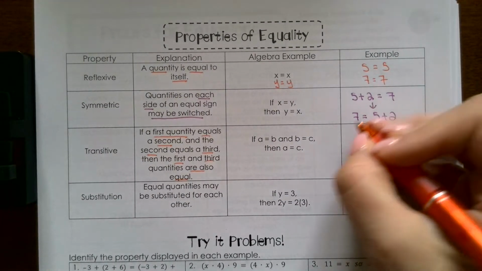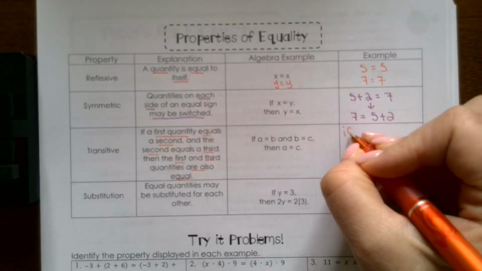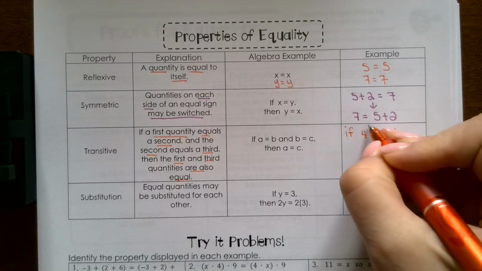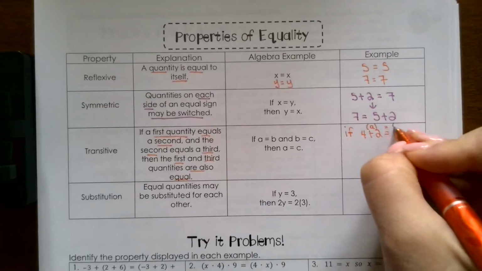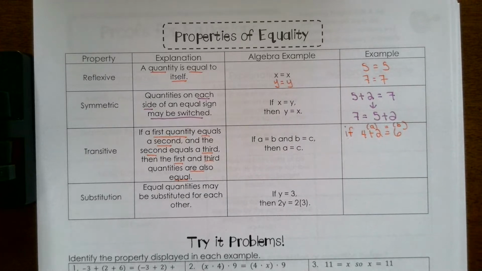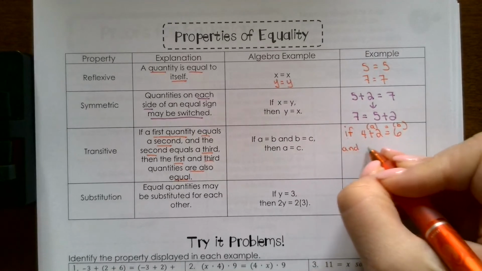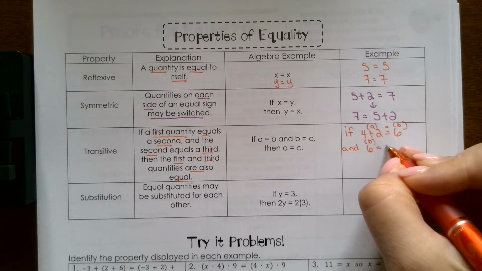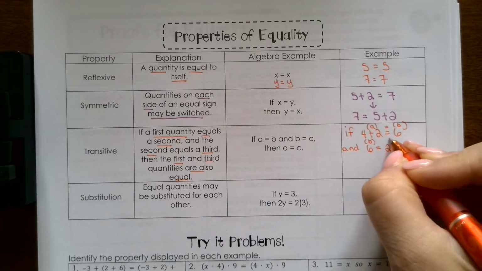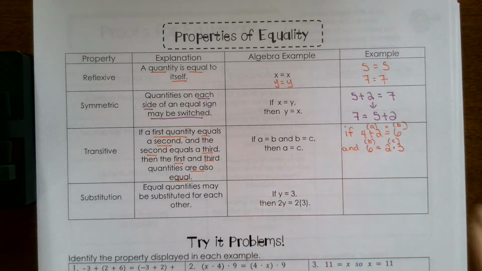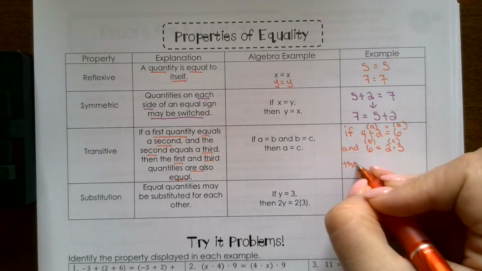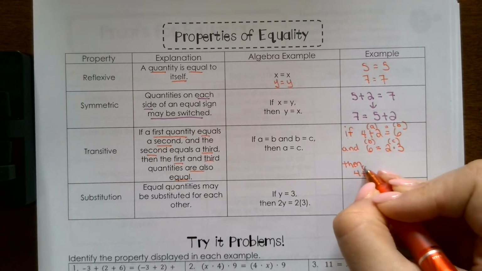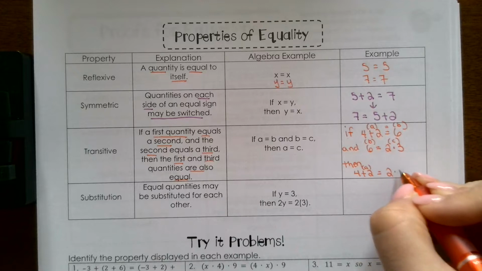Let's give some numeric examples. If 4 plus 2 equals 6, so there's my A equals B, and 6, so there's B, also equals 2 times 3, there's the C, then A, which is 4 plus 2, must equal C, which is 2 times 3.